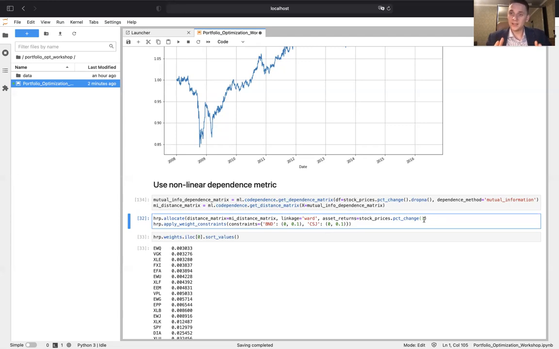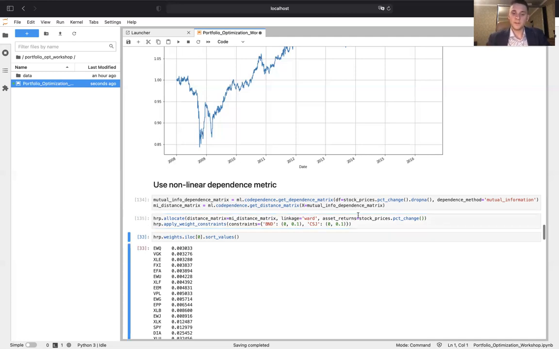So on the one hand, you will use the estimation of variance by using a simple covariance and volatility in Pearson terms, but you will cluster your assets by using a nonlinear dependence matrix, which is converted into a distance matrix. Because at the end, our agglomerative clustering algorithm takes a distance matrix as input.